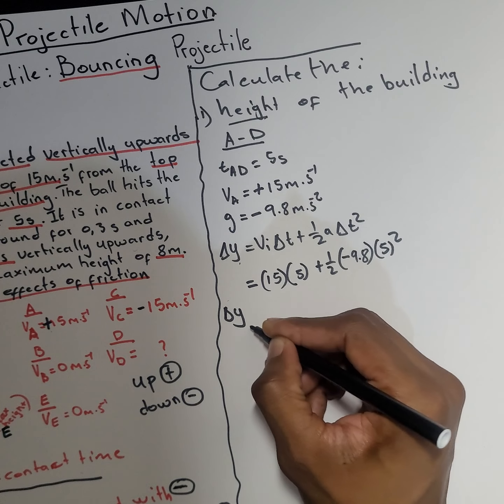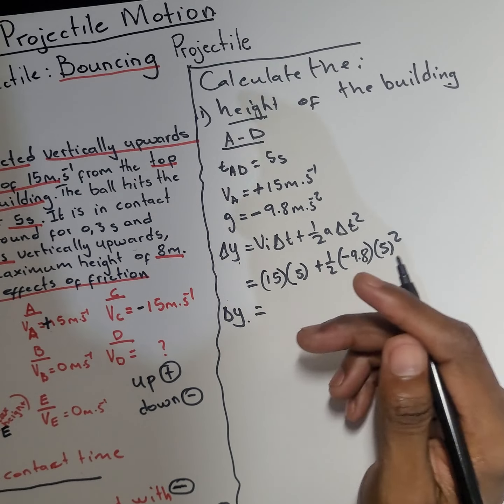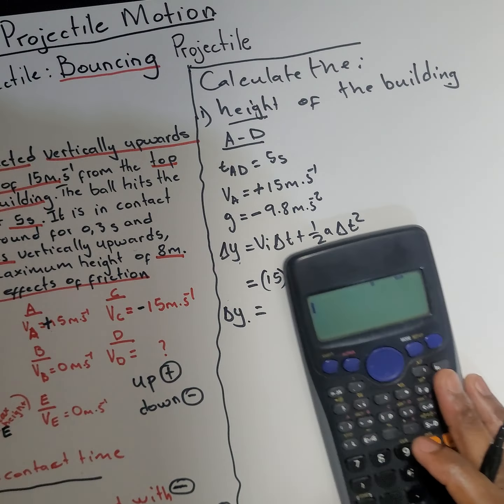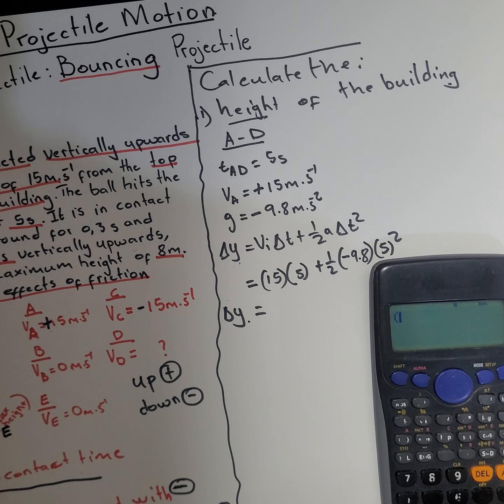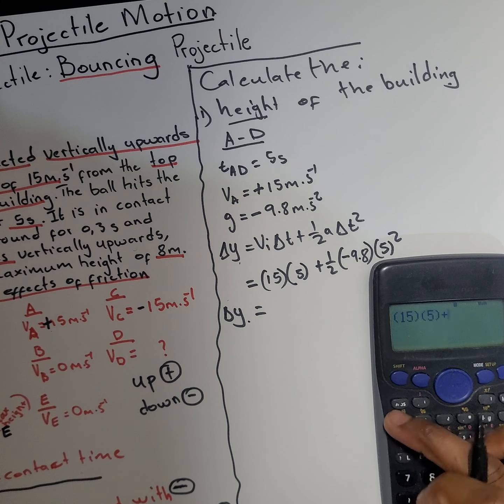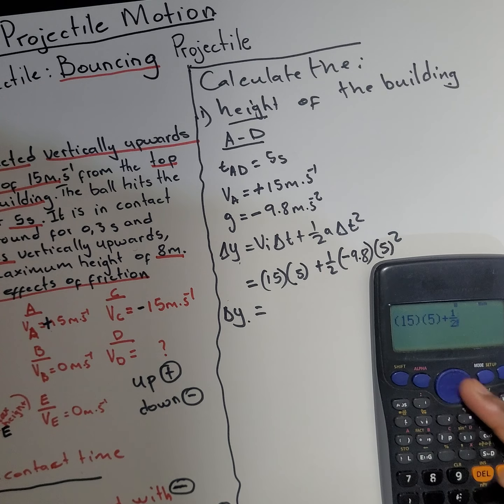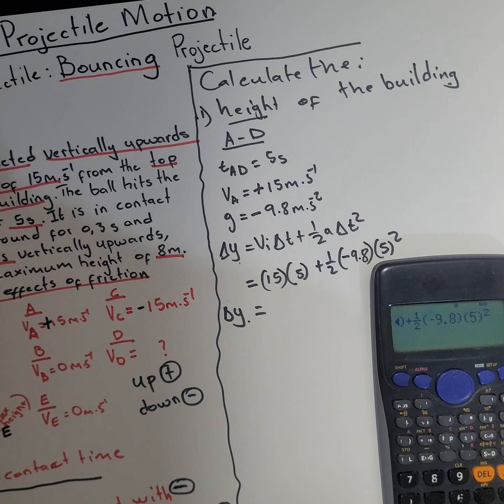And then when I insert that in my calculator, I will say now 15 multiplied by 5 plus half multiplied by negative 9,8 into 5 squared.